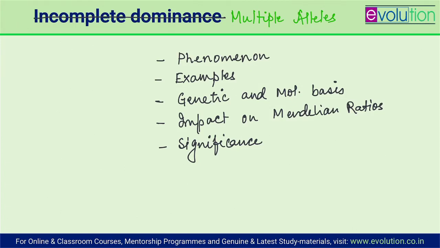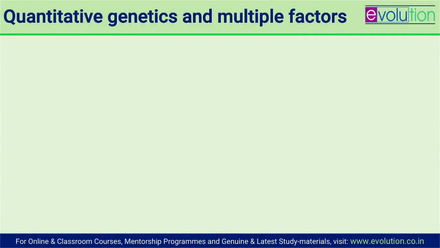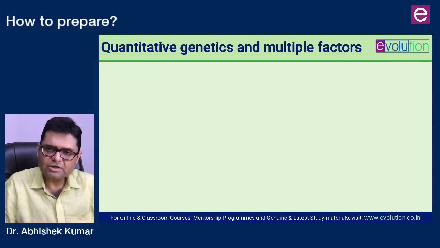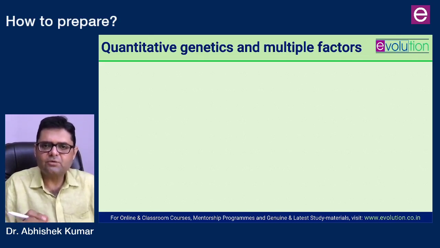Both the topics need to be covered under similar subtopics. Next is quantitative genetics and multiple factors. And another term which I have not mentioned here for the constraint of space is polygenic inheritance. There are certain traits which are governed by not one gene but a number of genes.